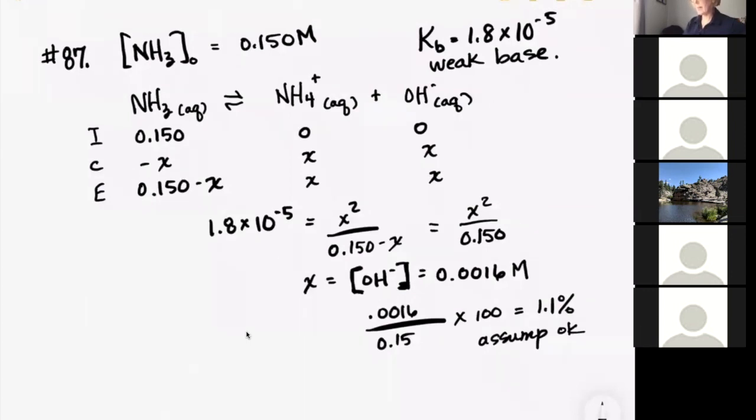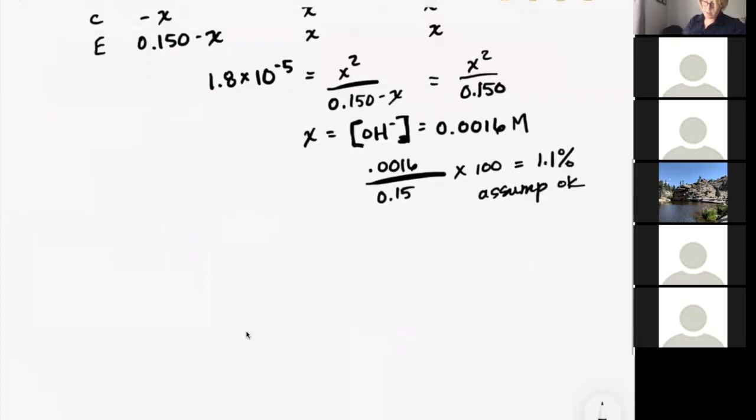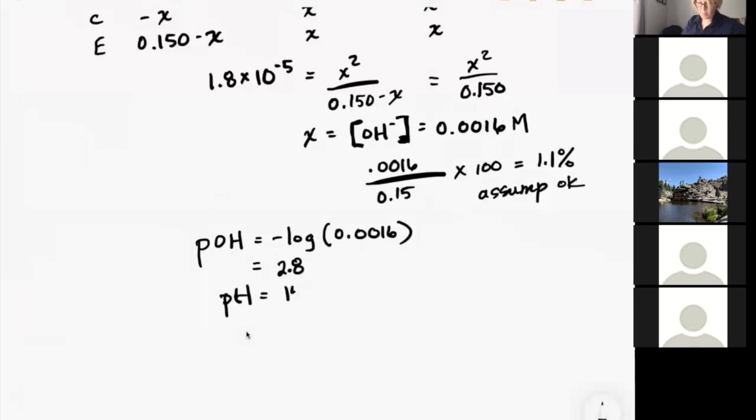So we can then go on to calculating our pOH, which is the negative log of 0.0016. And that comes out to be 2.8. Then to calculate pH, we just subtract that from 14, and we get 11.2.